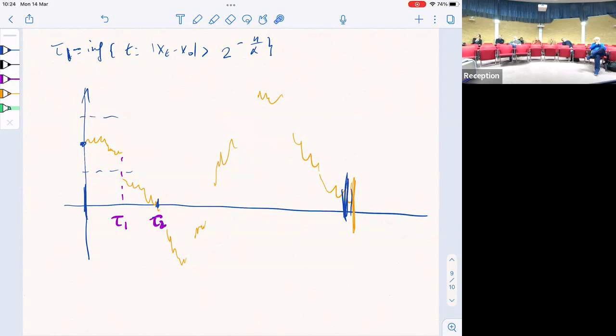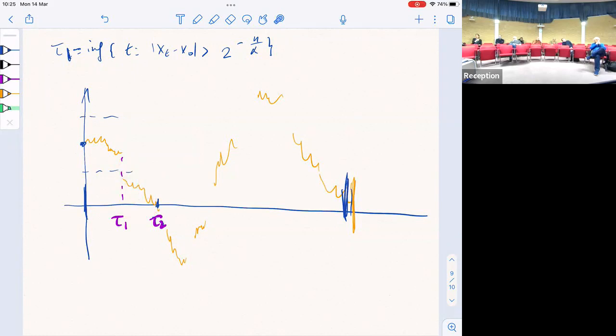And the beauty is that now, by using these random time intervals, we can cover the range of these processes with precisely intervals of this size. From time 0 to tau 1, I cover this piece. From tau 1 to tau 2, I cover this piece.